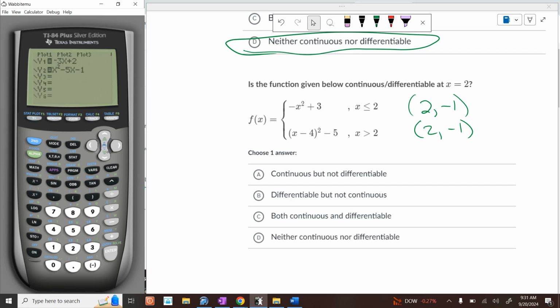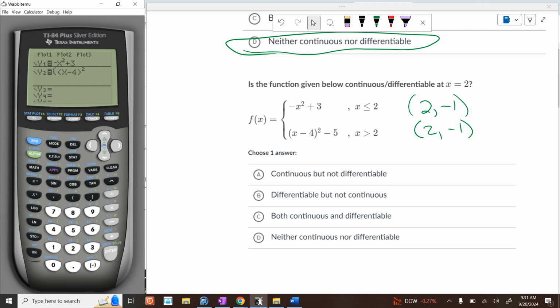So you go y equals, clear down, clear up, -x squared plus 3, and then parentheses x minus 4 parentheses squared.